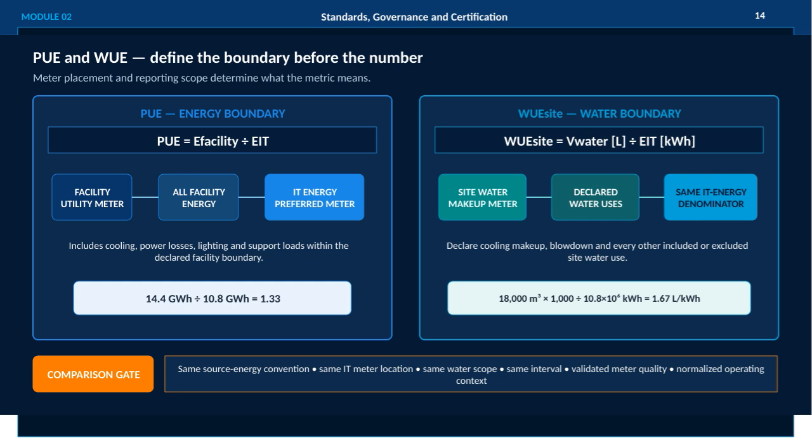It's important to declare all water uses included, like cooling makeup and blowdown. To make fair comparisons using these metrics, we need to ensure the same source energy conventions, consistent IT meter locations, equivalent water scopes, matching time intervals, and validated meter quality, along with normalized operating contexts. This consistency acts as our comparison gate to accurately assess and compare data center efficiency.